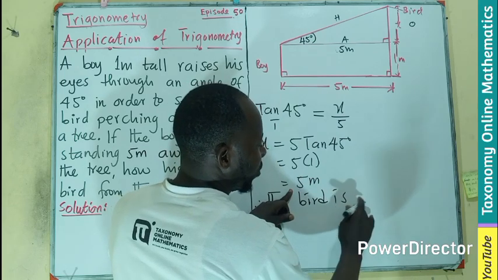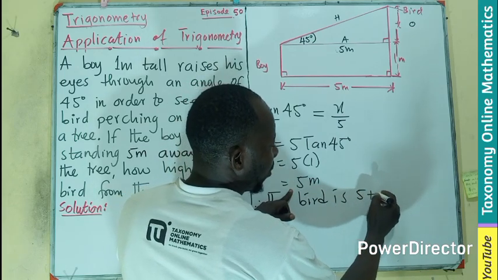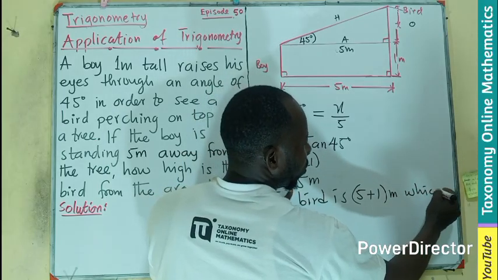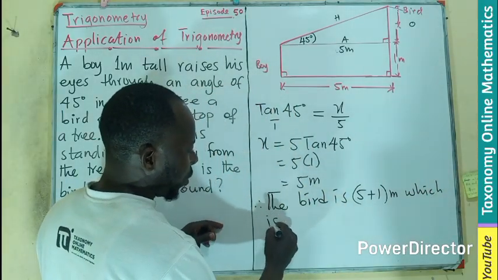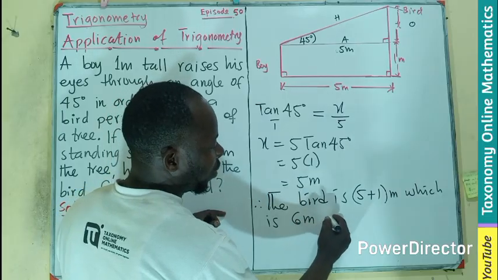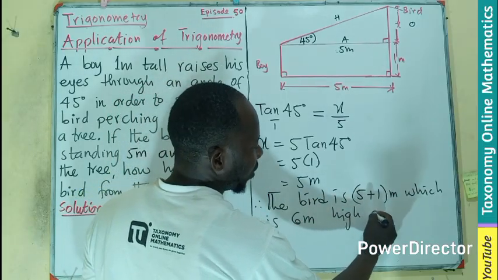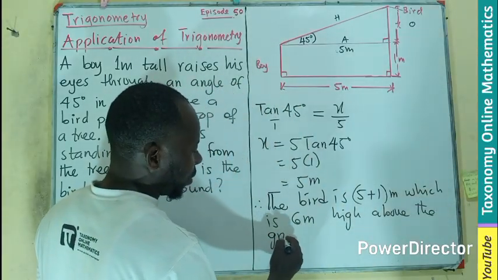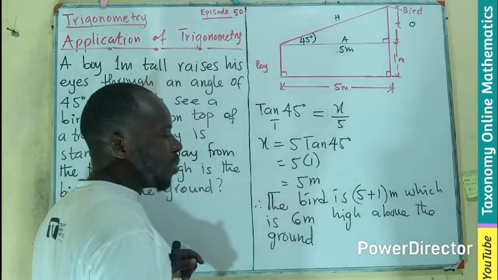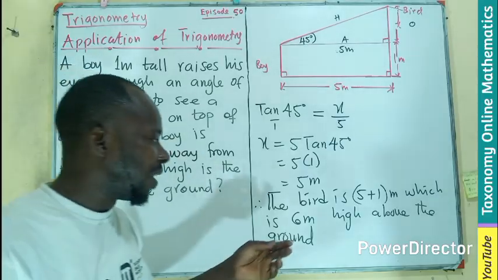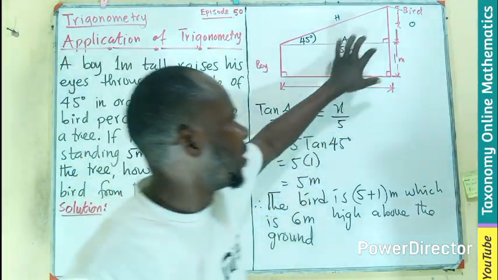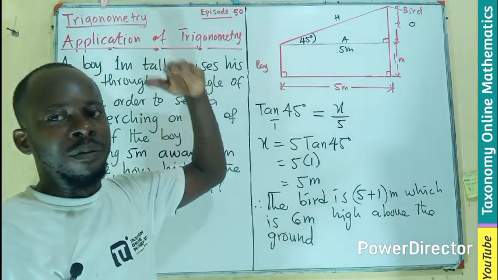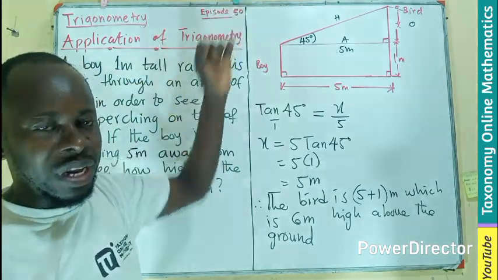But let me put it here as 5 plus 1 meters, which is 6 meters high above the ground. So the height of the bird is going to be 6 meters, since this is the height of the boy, and the height above the eye level, from the height of the boy to where the bird is.